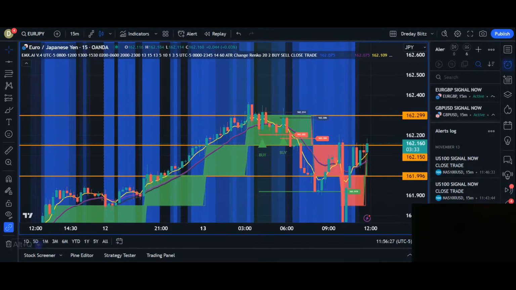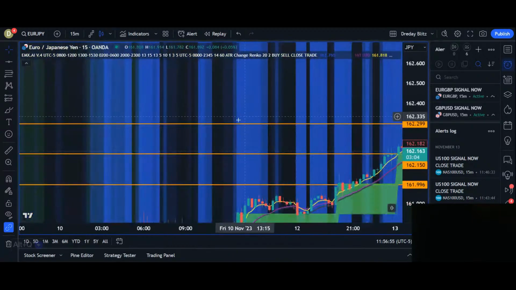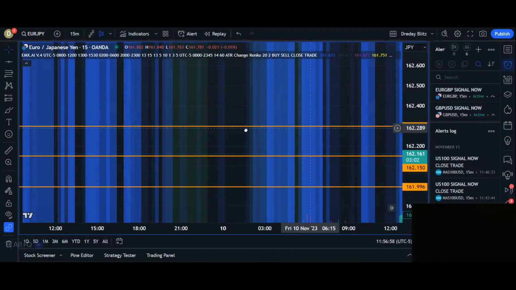Like I said, if you have a buy here, your stop loss should be the previous Renko open. The open of that Renko range is this line. Regardless of your entry, it should always be the previous Renko open. And your take profit is the next zone in the past.